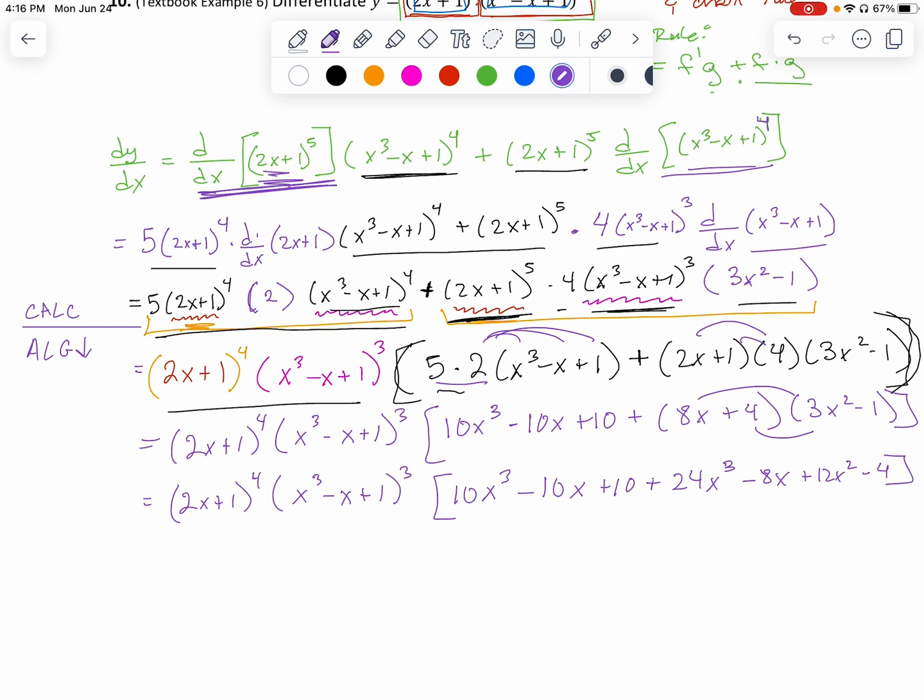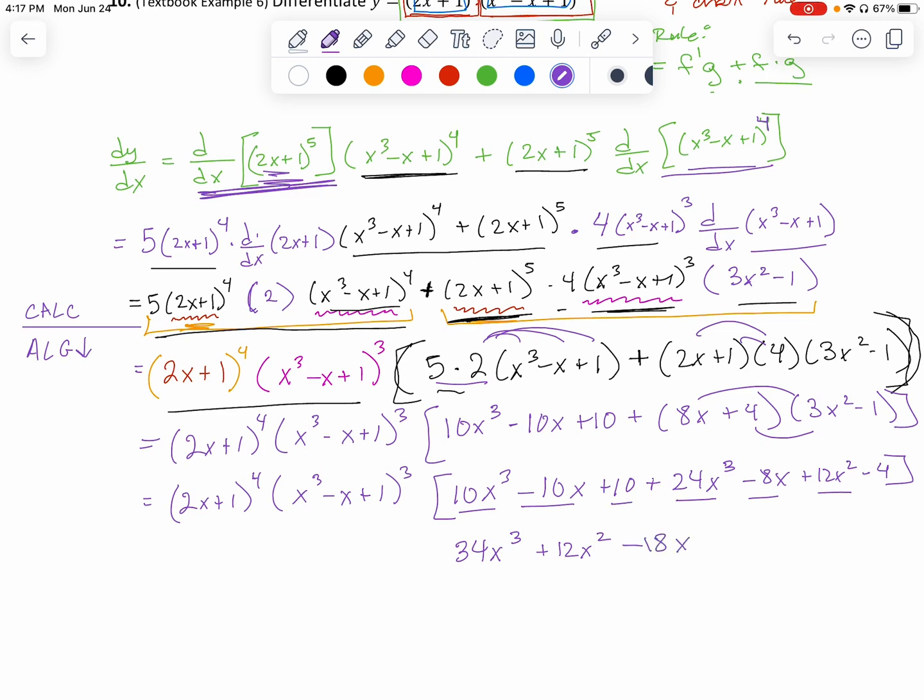And combining like terms here, I get 10 and 24 is 34x cubed. And then for x squared, I have a 12x squared. For x's, I have a negative 10 and a negative 8.